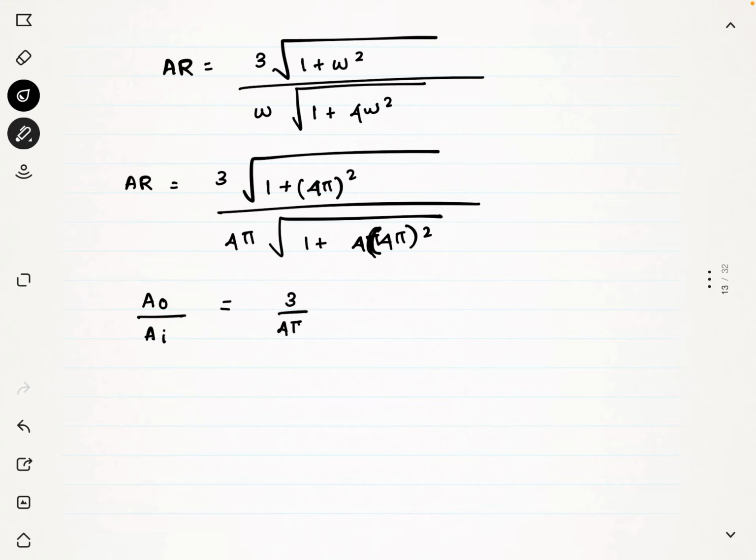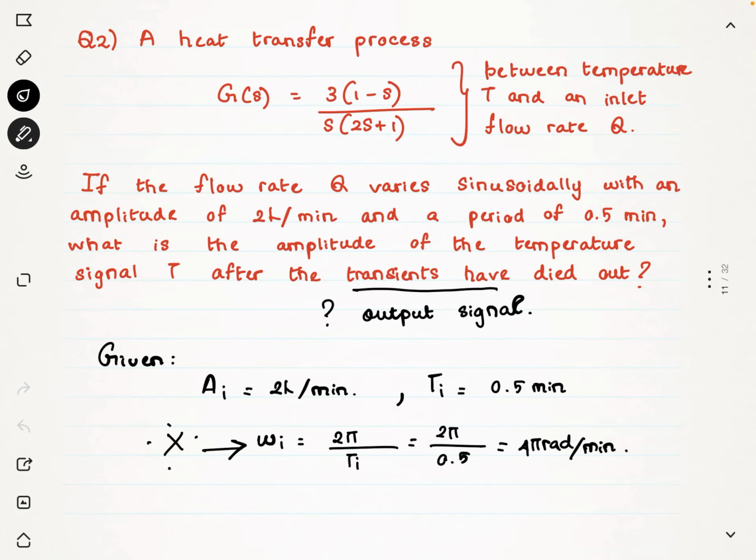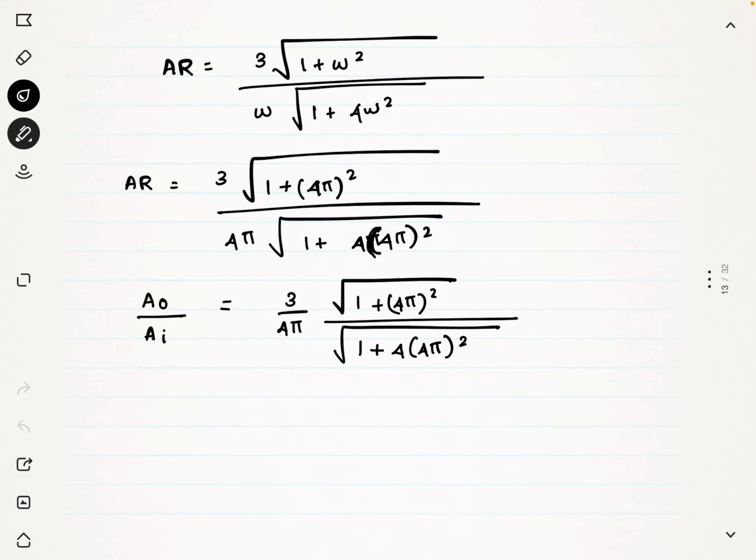So 3 by 4 pi root of 1 plus 4 pi square, and we know from the question that the input amplitude is 2, so we just substitute AI is equal to 2 and then cross multiply AI into the term right here, and if we do the simplification, you'll get the output amplitude to be 0.24 liters per minute.